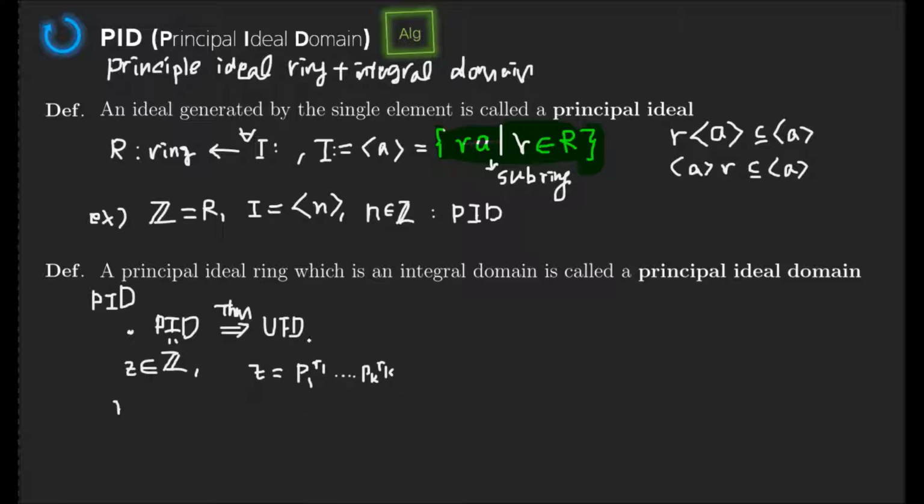Then this factorization is unique except for changes of the order. This is the so-called fundamental theorem of arithmetic. Apart from these properties, there are lots of properties of principal ideal domains, such as being a Noetherian ring, and so on. So the principal ideal domain is important to understand abstract algebra.